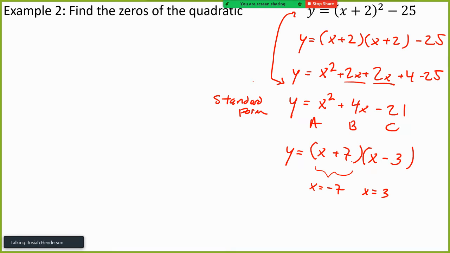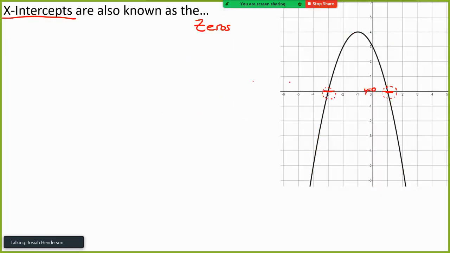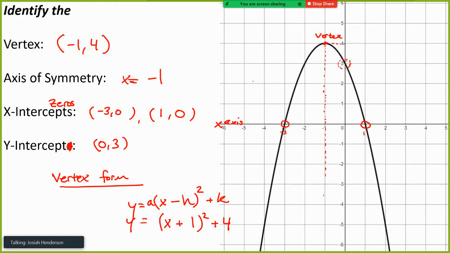This is the main goal for today, I'm going to back up, hold on, is to be able to look at a picture, a graphed parabola, and find all the important parts. I want you all to be able to locate the vertex and state it like we did here. Locate the axis of symmetry and name it. It's always going to be x equals the number that's cutting the parabola in half.